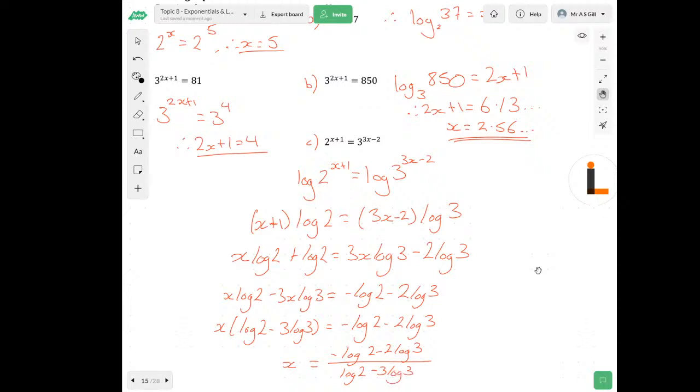And we should get that as our fraction there. And then once we plug that into our calculator, we should get x at the value of 1.110 dot dot dot, and then again we just round that to an appropriate value as would be given in the question.